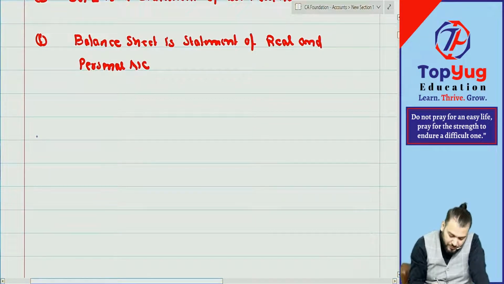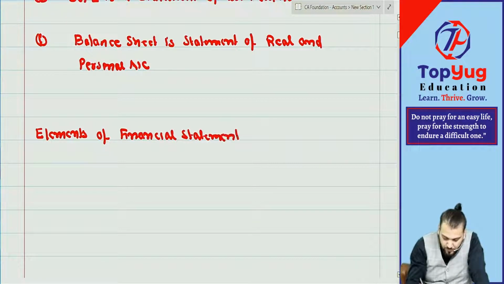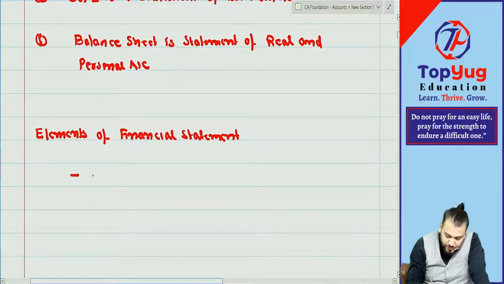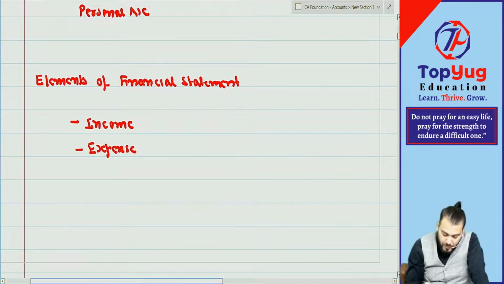So write down the next point. Elements of financial statement. First is what? Income. Then what? Expense. Then what?